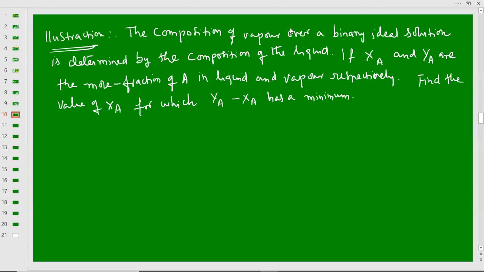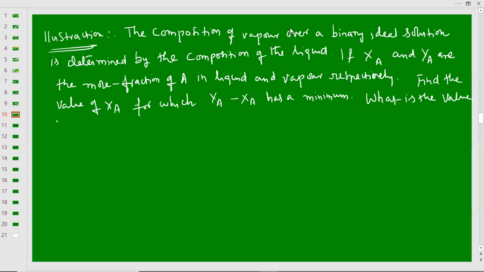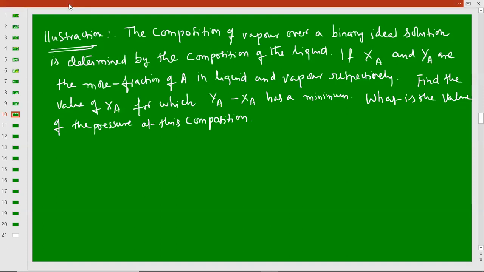What is the value of the pressure at this composition? Also they are asking. Okay, we'll check it.